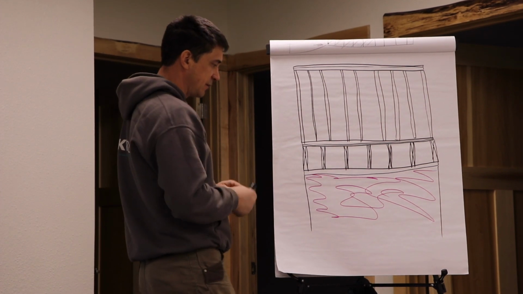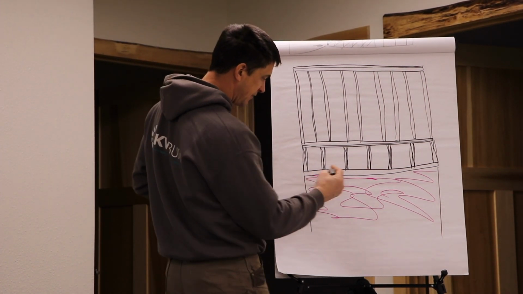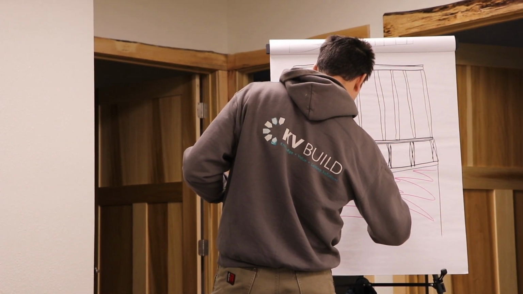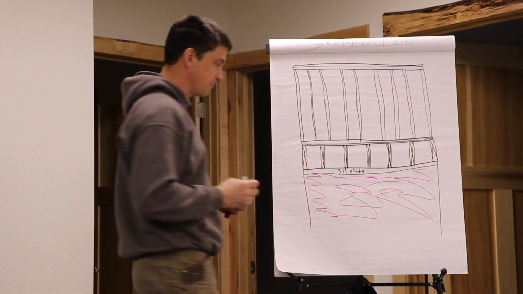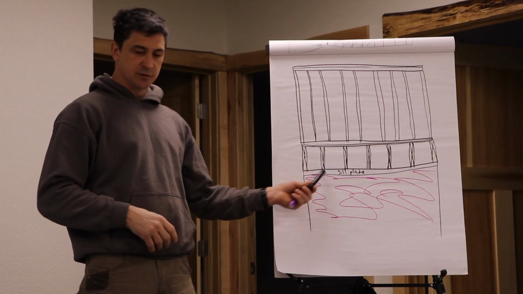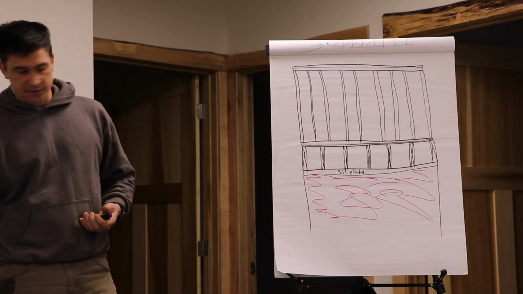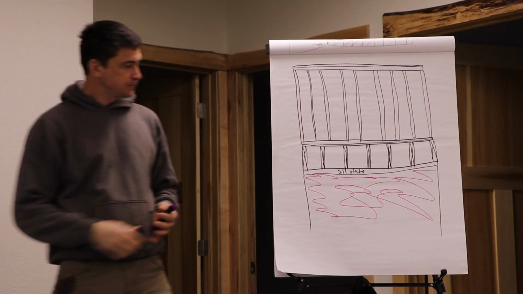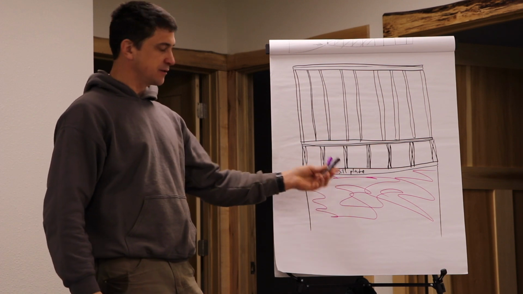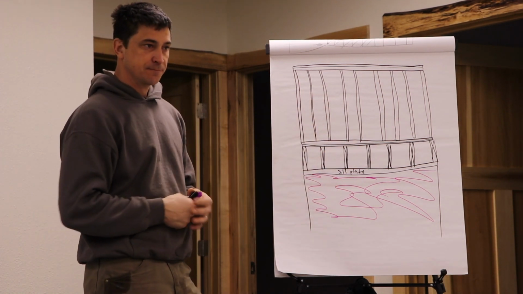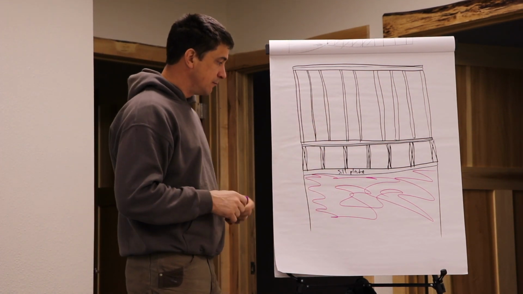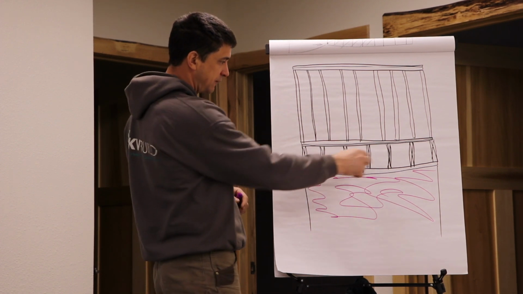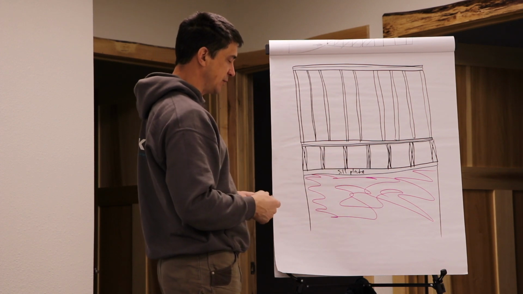If it's a concrete foundation, the first thing we have is a sill plate. Okay? This needs to be treated if it's in contact with concrete. The other industry term for it is the mud sill. Then we have our floor framing built on top of the sill plate.